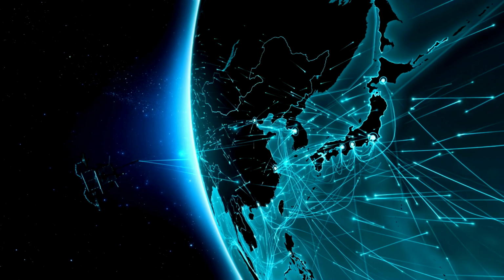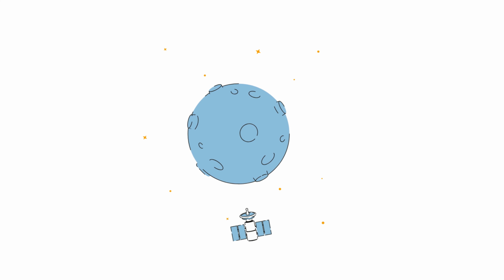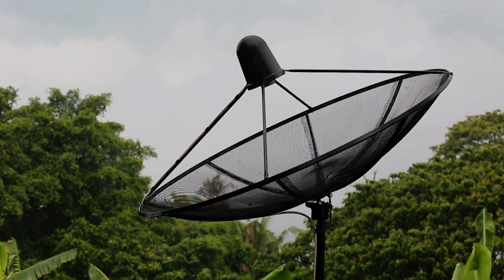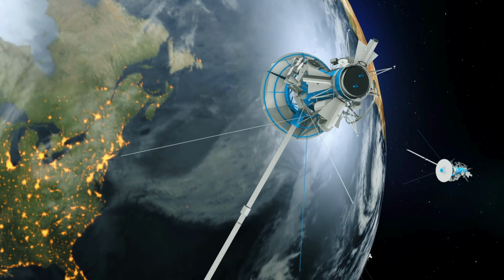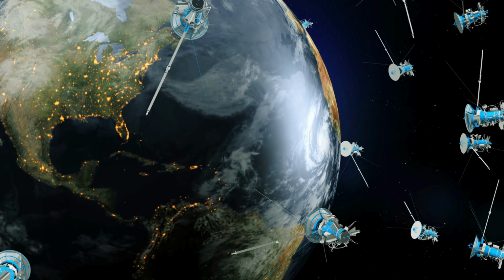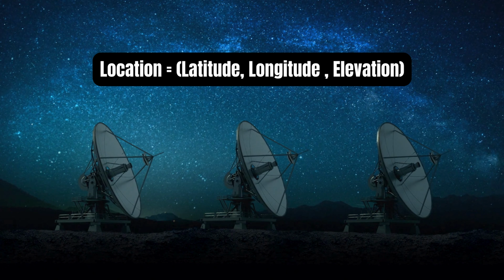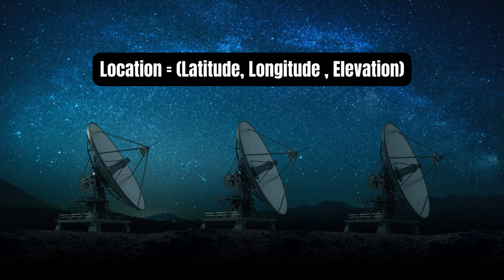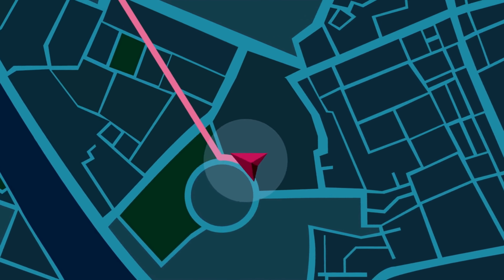Satellites orbiting the Earth constantly send signals to our receiver. The receiver calculates the time it takes for the signals to arrive, and from this, it determines the distance. With signals from at least 4 satellites, the receiver can determine its exact location in terms of latitude, longitude, and elevation. This is the backbone of modern navigation, from your smartphone to ships and airplanes.